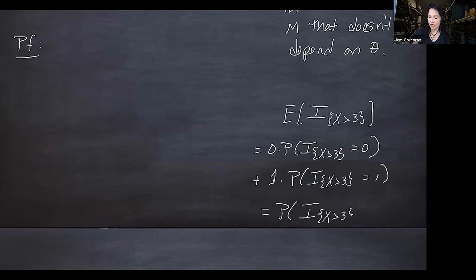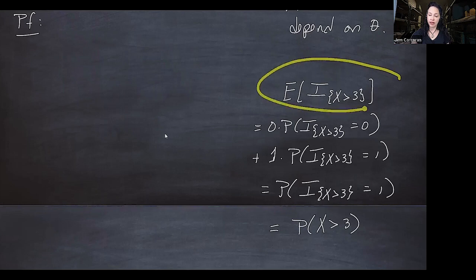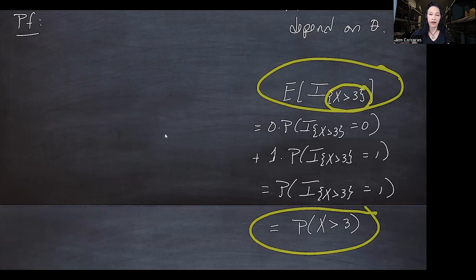This is a great trick often used in probability and statistics. Now that indicator is 1 if and only if the thing being indicated happens. So this is equivalent to the probability that X is greater than 3. So what I was saying at the beginning was that the expected value of an indicator is always equal to the probability of the event being indicated. We're going to need that in this proof.